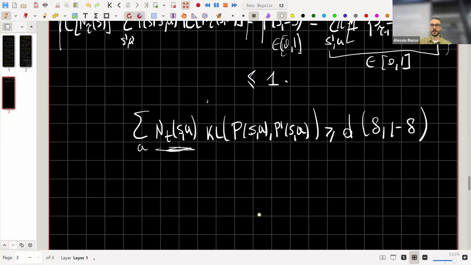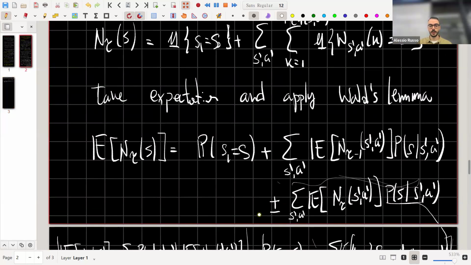We can sample actions how we want, but the next state that we see is constrained by the transition function. So when we optimize here over alternative models, and I will define this set of alternatives in a second, and then we also optimize over the sampling rate, we also need to take into account that N_T of SA needs to follow a similar equation as this one.